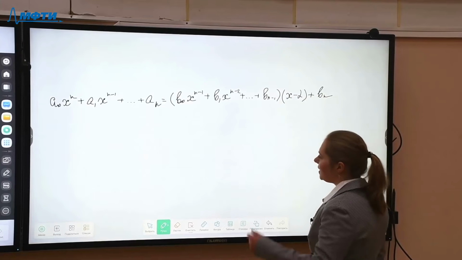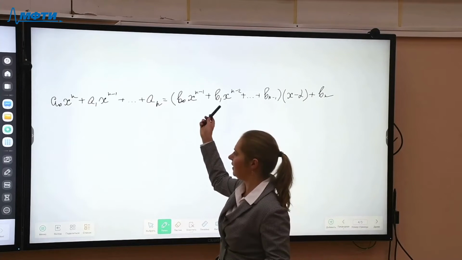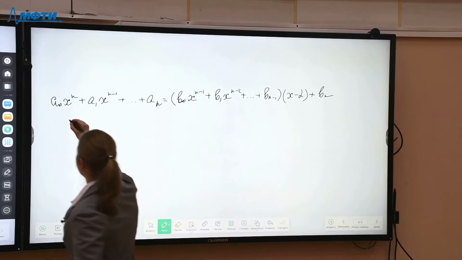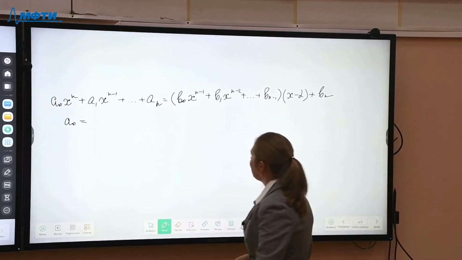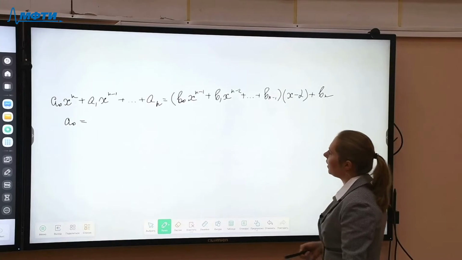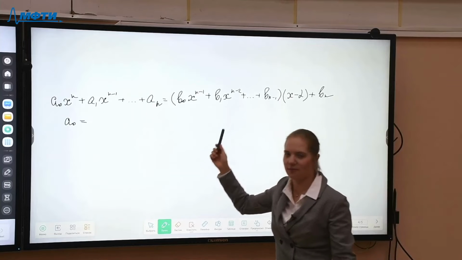And now, what is the coefficient of x to the power of n? Here we have a0, and here we can get x to the power of n only when we multiply this term by this term. So the coefficient is b0.